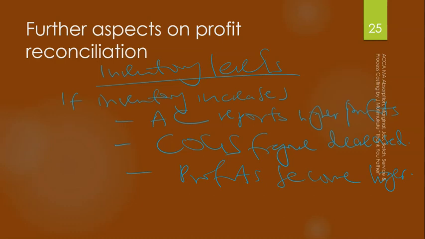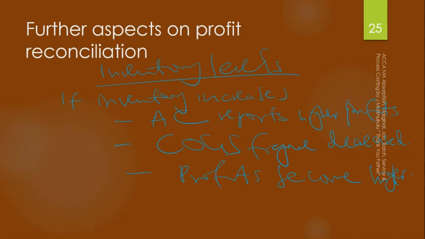The gap between the cost of sales and the sales gets wider. But the converse is true. When there is a decrease in inventory levels, absorption costing reports lower profit, because the fixed overhead is included in the opening inventory.